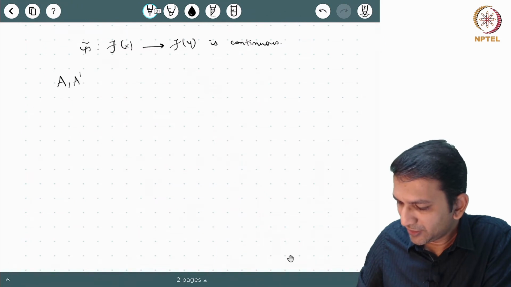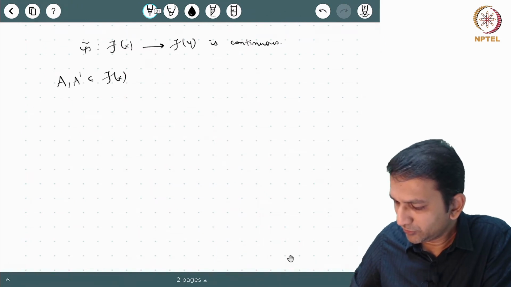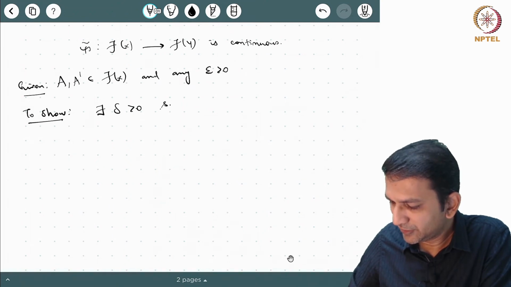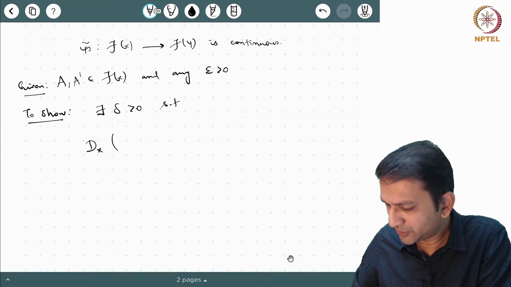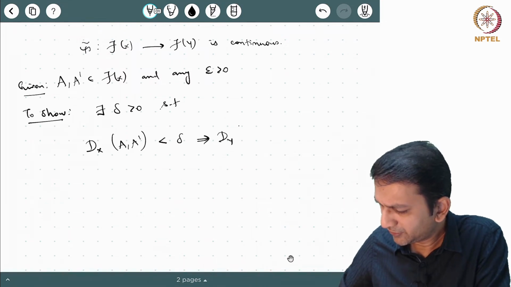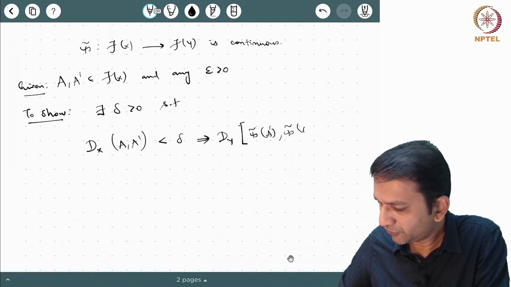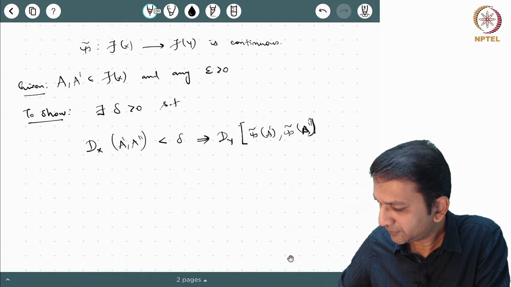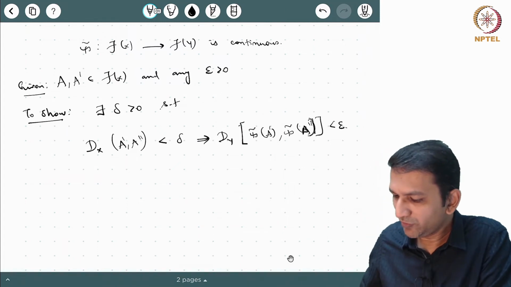Given any A, A dash element of f of x, and any epsilon greater than 0, we need to show there exists delta greater than 0 such that whenever dx of A, A dash is less than delta, this should imply dy of psi tilde of A dash comma psi tilde of A double dash is less than epsilon. So this is what we need to show.